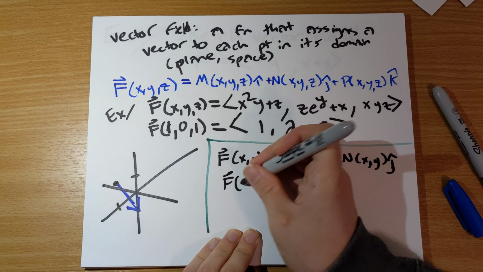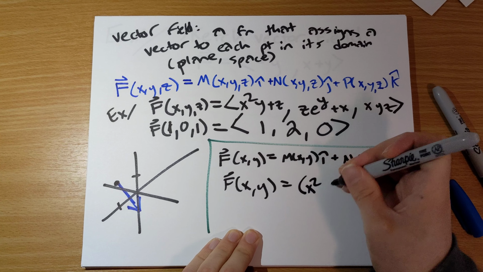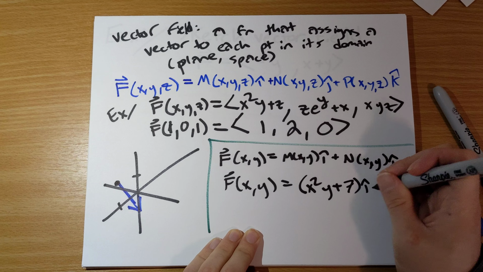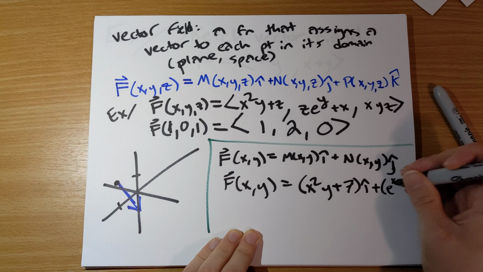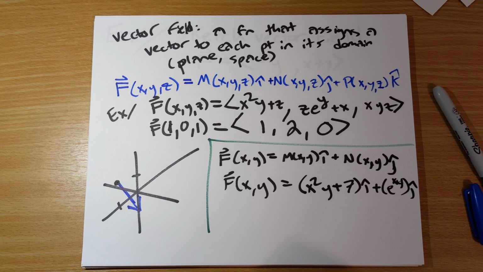So an example of this, F of x, y could be x squared y plus 7 times i hat plus e to the xy times j hat. So those are examples of vector fields. Okay, that's my introduction to vector fields. We'll talk more about them in the next video.